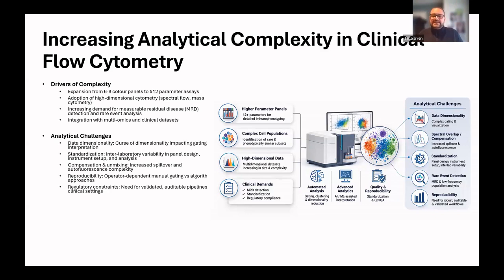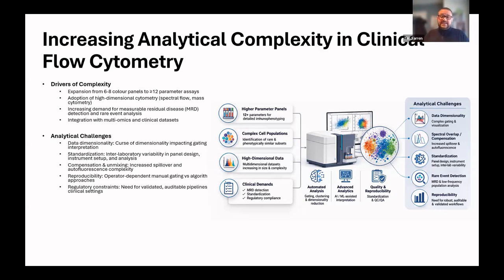As the number of parameters increases, traditional manual gating can become less practical, and certainly more subjective. At the same time, technical challenges such as fluorescence spillover, compensation, and autofluorescence become much more difficult to manage as flow cytometry scientists. Standardization is obviously another key concern.